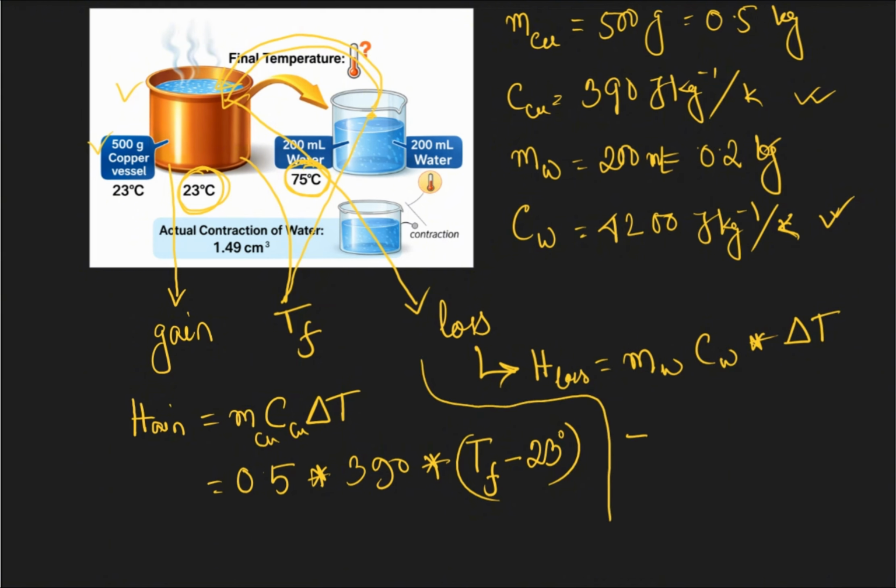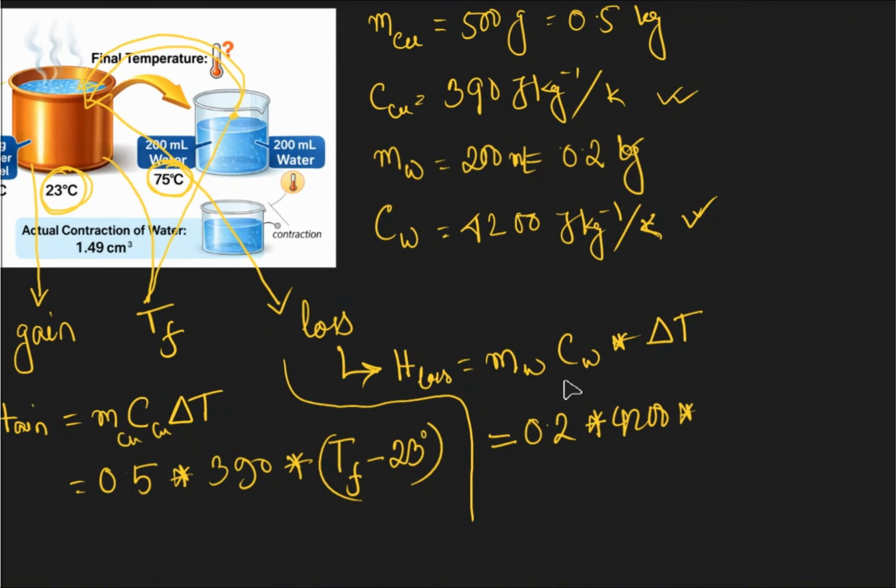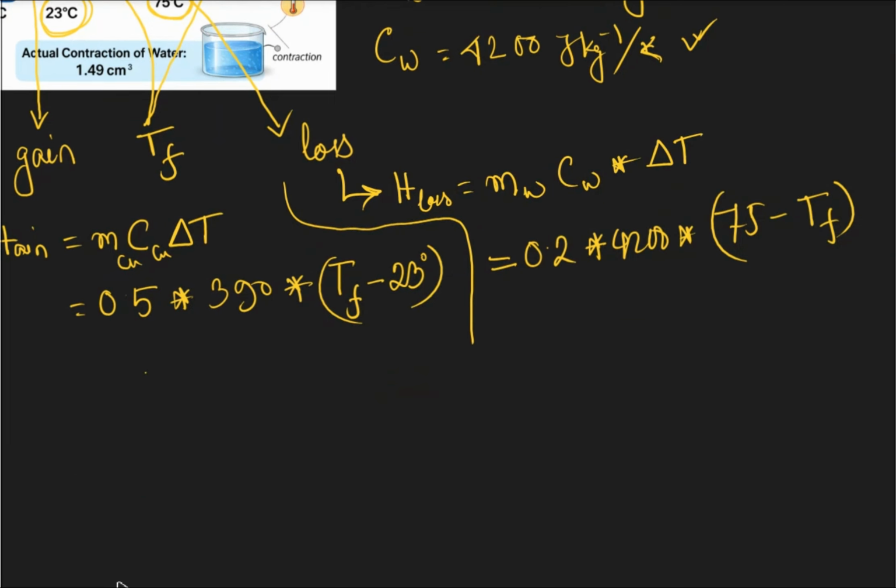So here the value mw is equals to 0.2, CW 4200, and the temperature difference is nothing but 75 minus T of F. So in this context, we have got the value of heat gain and heat loss.